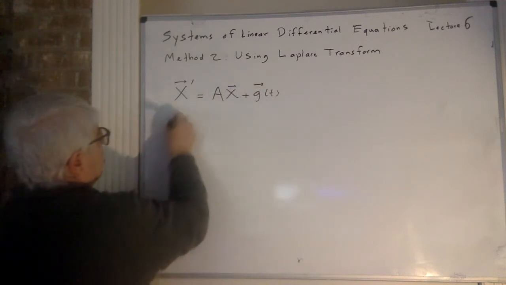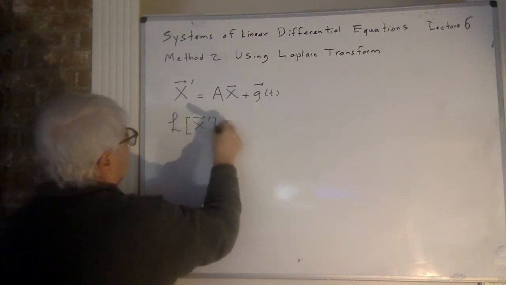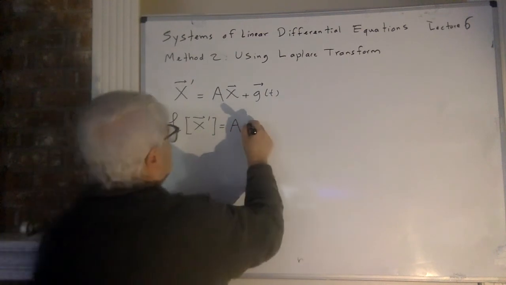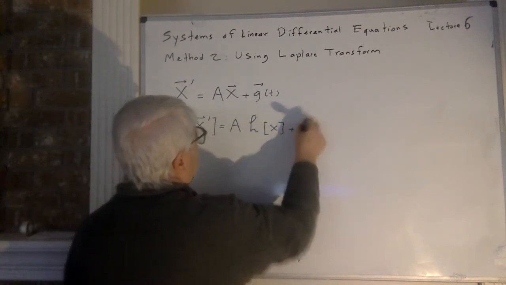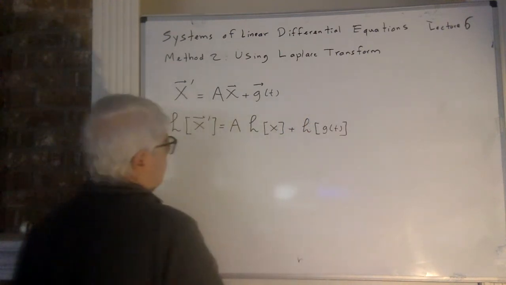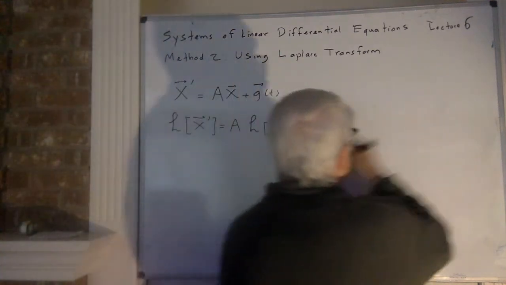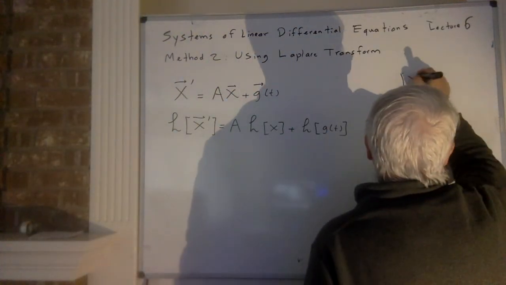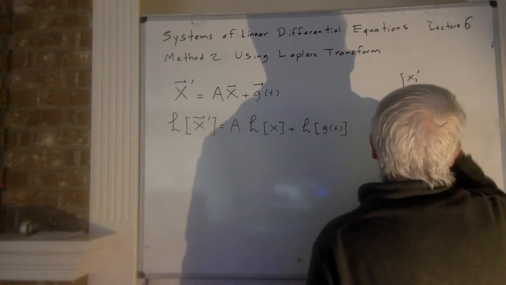Applying the Laplace transform, A is constant, so that is A times the Laplace of x plus the Laplace of g(t). But x is like x1, x2, x3, so let me write this explicitly: x1 prime, x2 prime, dot dot dot, xn prime.